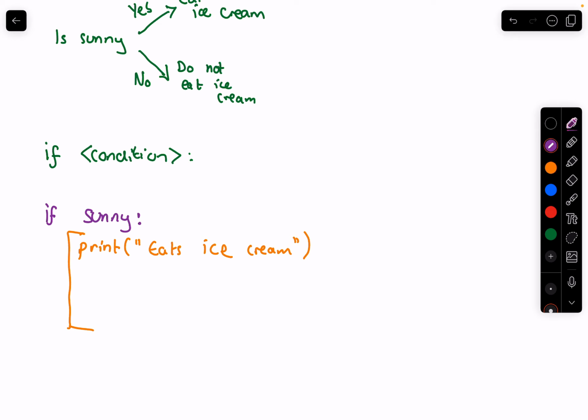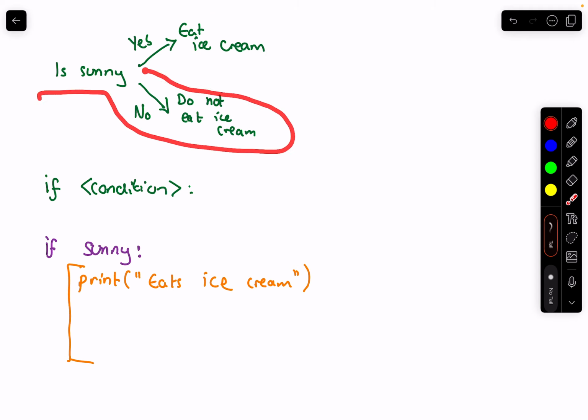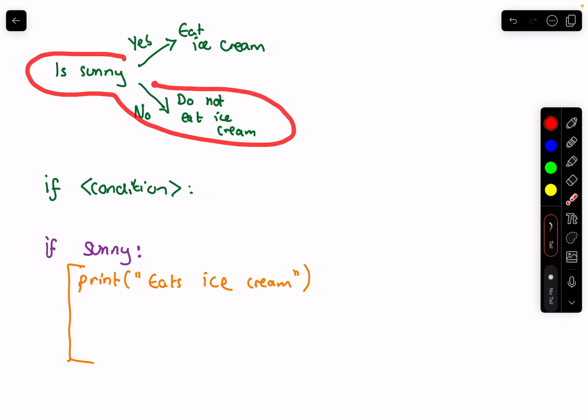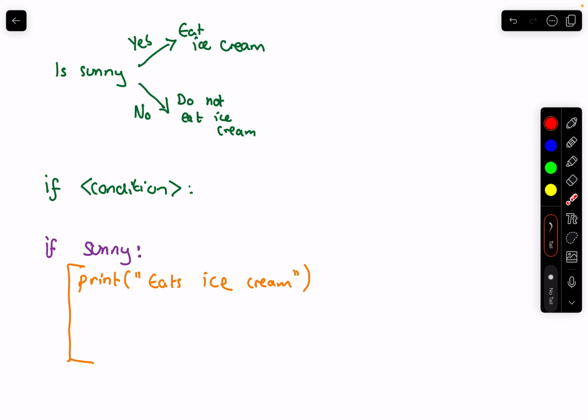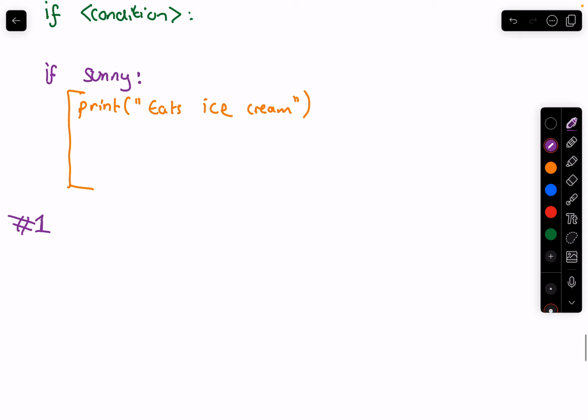Now, that's if we have if, but remember that we have only done this side of the tree. We still need to do this part. And we can do this part in two ways. Number one, we could use if and else.